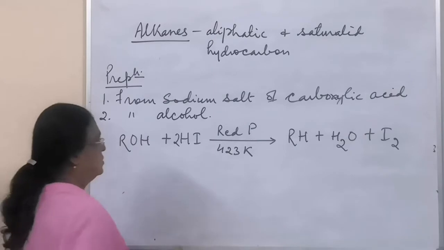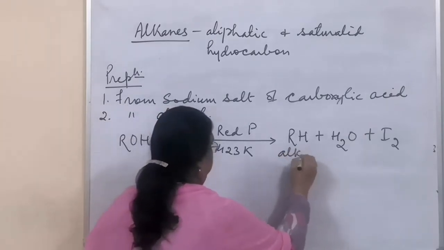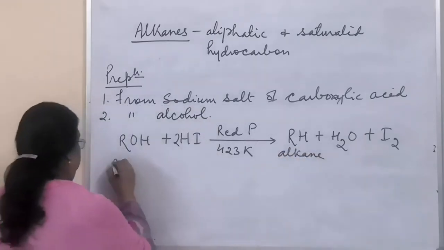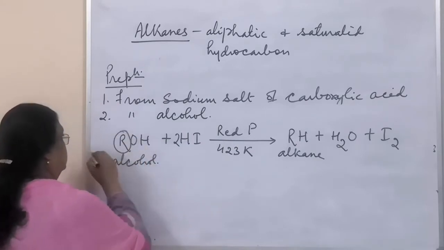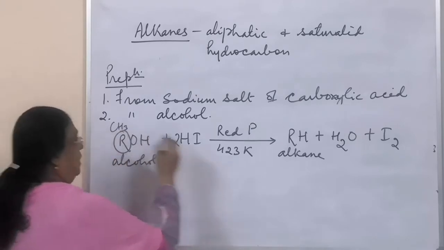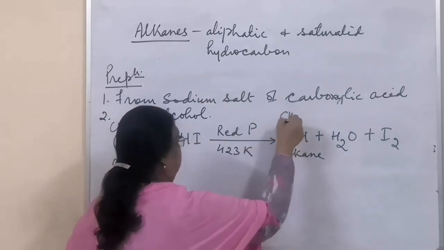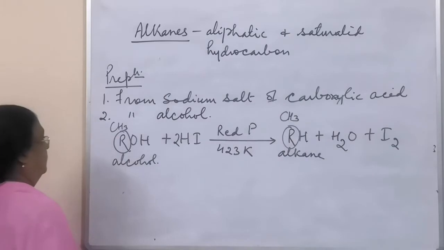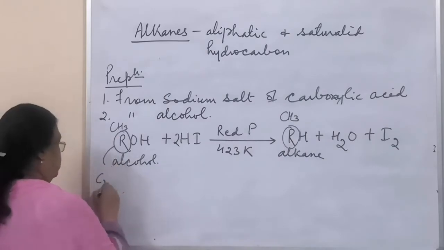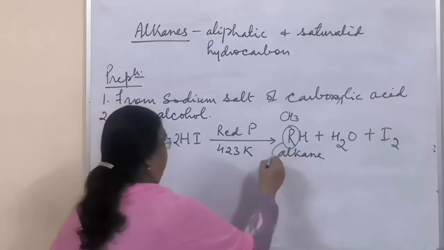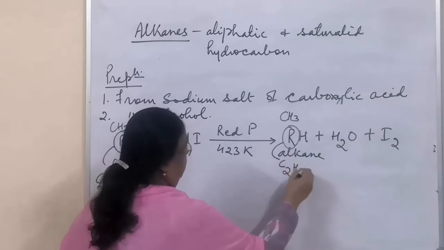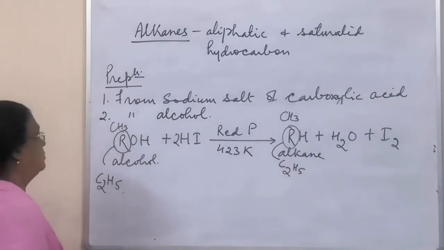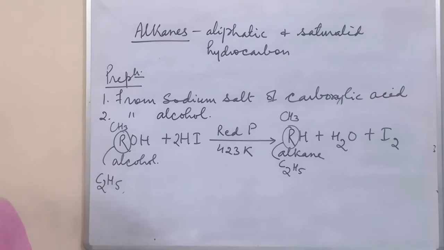This RH is your alkane. If R happens to be CH3, it will be methane. If R happens to be C2H5, ethyl alcohol, then we will have C2H5 and H, so that will be ethane, and so on.